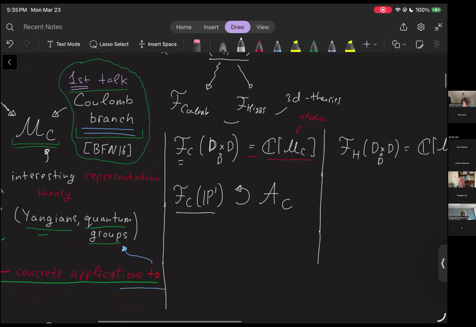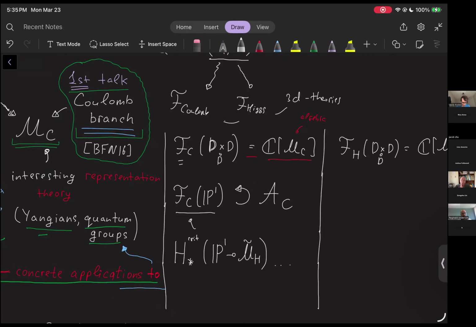This space has to do with computing some homology of the moduli space of maps from P1 to this resolved Higgs branch, some critical version actually.